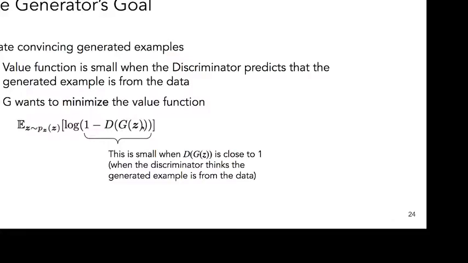Now D of G of Z is the probability that the discriminator has predicted that this example comes from the real data. So this is small when D of G of Z is close to 1, and D of G of Z is close to 1 when the discriminator thinks that the generated example is from the data.